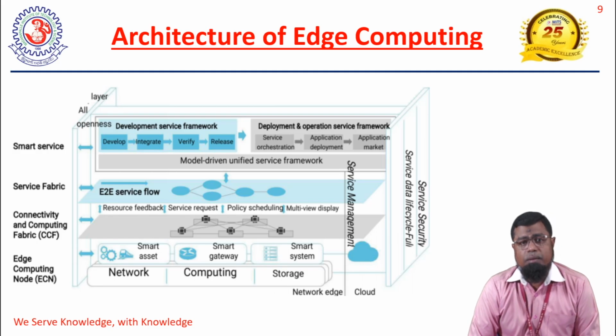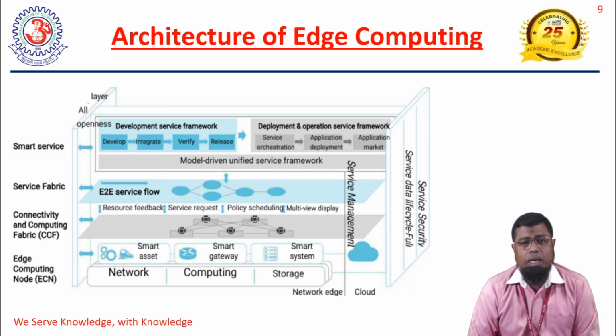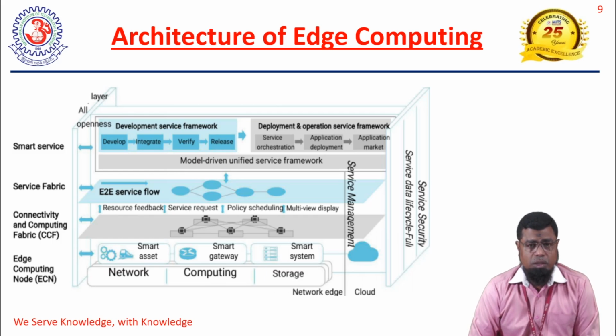Then computing: how the computational tasks are computed, the energy required, the power consumption of the task computation, and what data resources are required. And storage: the results after computation should be stored somewhere. For that we need a huge amount of storage, which may even be big data, and that needs storage at various locations, in the cloud or in the edge servers. So that is storage, the three major operations.